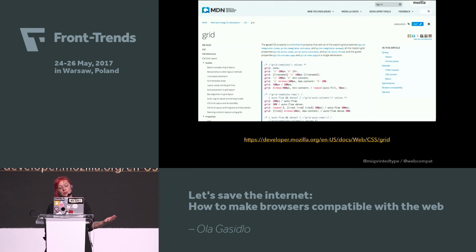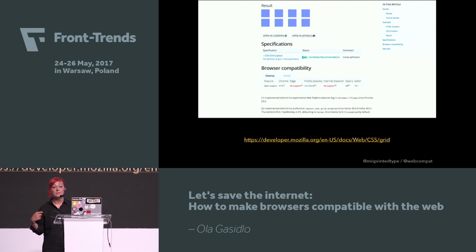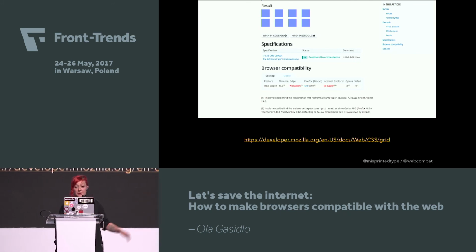But you can also just go to MDN, which is a really good resource for pre-chewed content with examples, with CodePens you can play around with, a lot of specification, also a link to the very deep specifications you can just dive into. Compatibility tables, including side notes about fun, weird behavior of specific browsers.